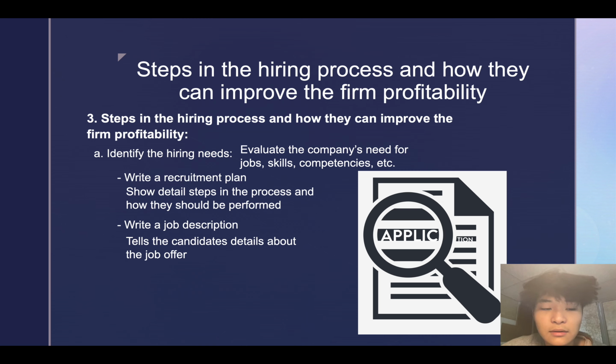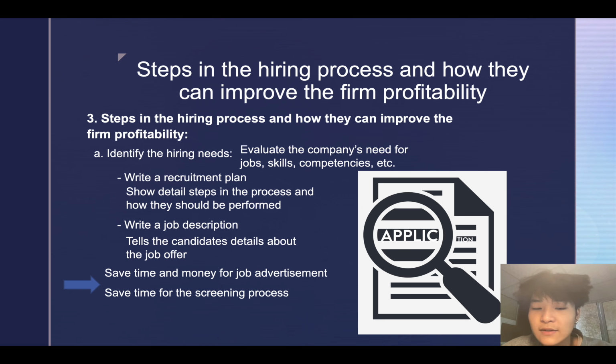If the HR team identifies the hiring needs properly, they will save time for job advertisement, as the recruitment team already knows details about the requirements for the job, so they just have to deliver it to the candidates. Secondly, the candidates will know how suitable they are for the job and decide whether or not they should apply for the job. So it will save plenty of time for the screening process.